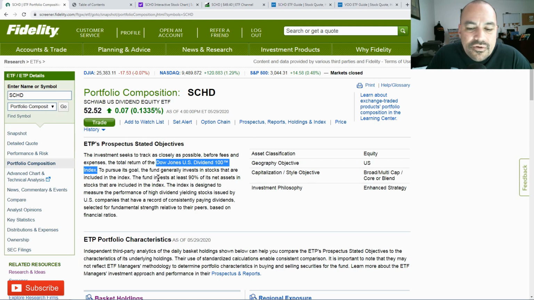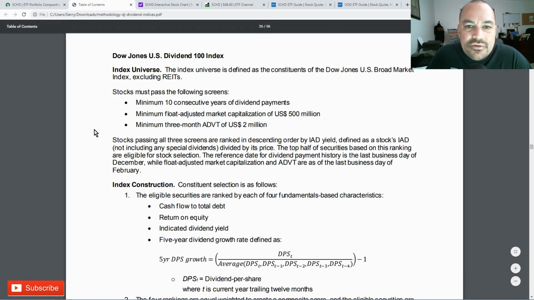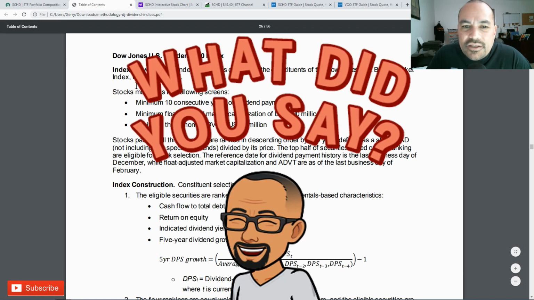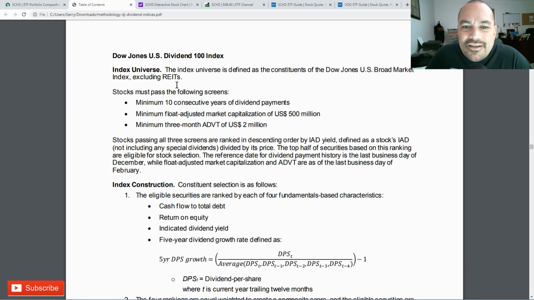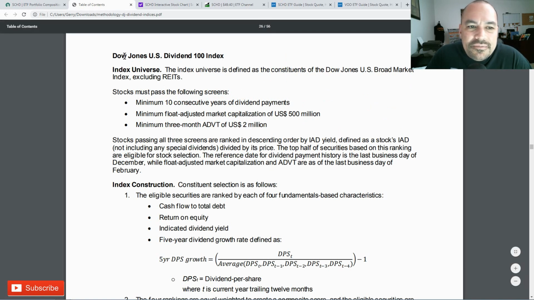So what I wanted to see is what the Dow Jones Dividend 100 Index uses to evaluate companies to put in that index. So I went to the methodology of the Dow Jones Dividend 100 Index, and we'll just go over this pretty quick.